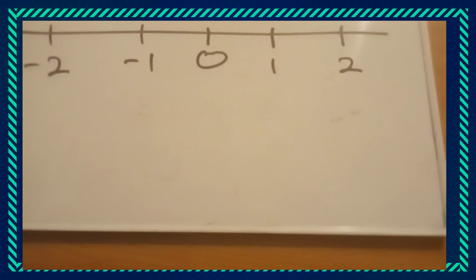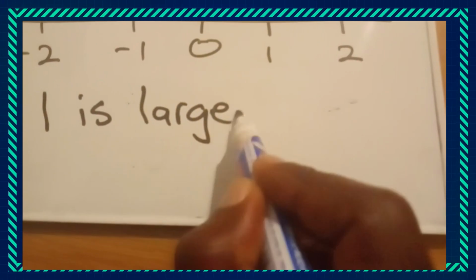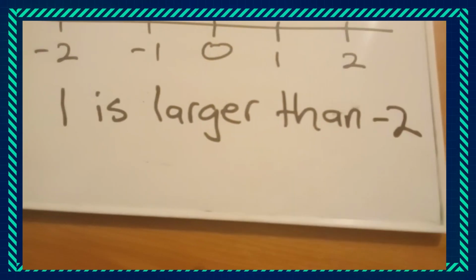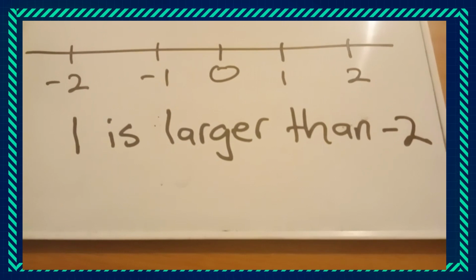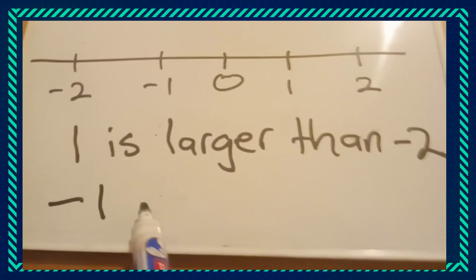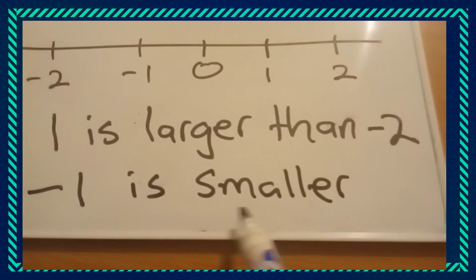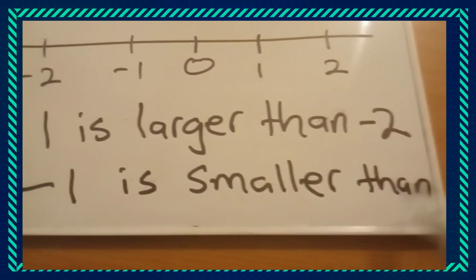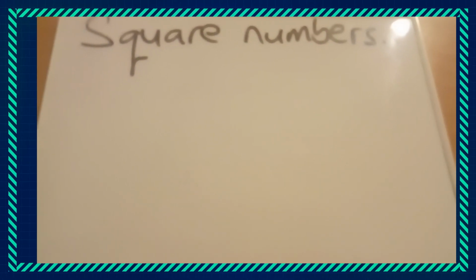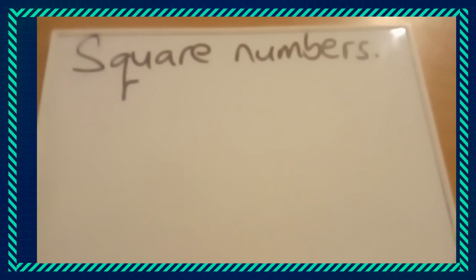For example, 1 is larger than -2. So -1 is smaller than 0.